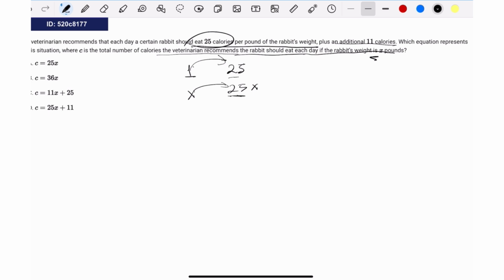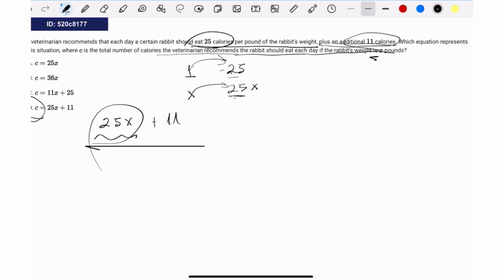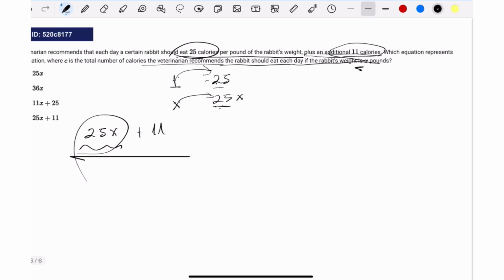I'm just doing the simple math, okay? So for each pound of my body, if I'm going to consume 25 calories, then I will get 25x calories from it. And it says plus an additional 11 calories, which means just add it to the equation. It does not have a variable. And what you're going to get, guys, is D. And wow, that is it.